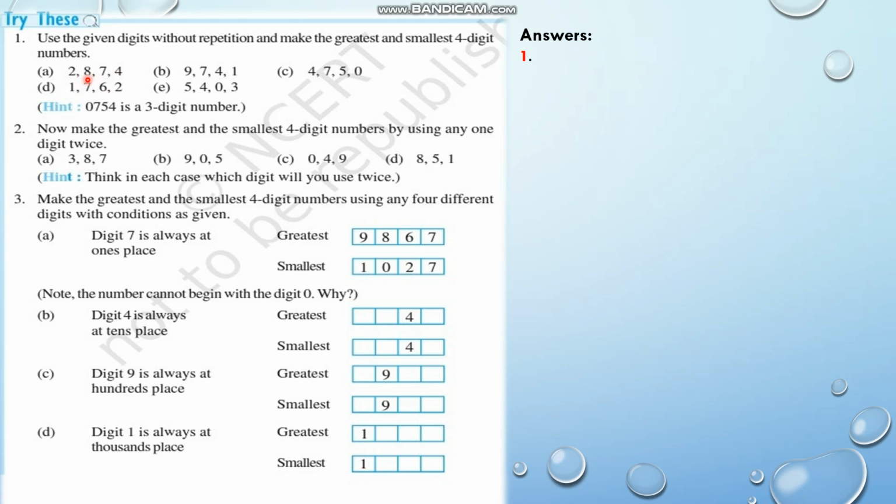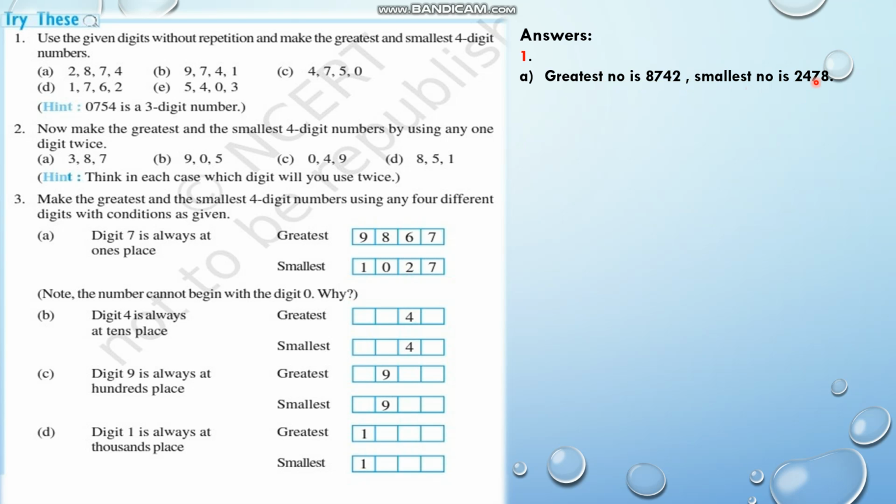So the first one will be 8, 7, 4, then 2. That means 8742 is the greatest number, and the smallest is 2478. Arrange the digits in ascending order to get the smallest number.